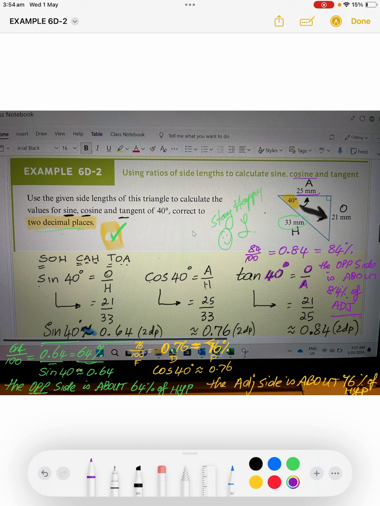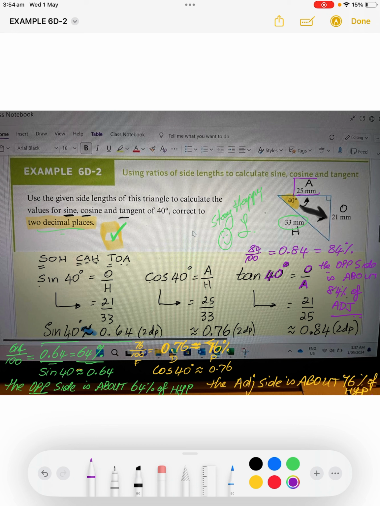If you work out 84% of 25, it's reverse engineering, 0.84 of 25, you see that you get 21. So the opposite side is in fact about 84% of the adjacent side. And that's what tan is saying. Tan simply says that the opposite side is 84% of the adjacent side.